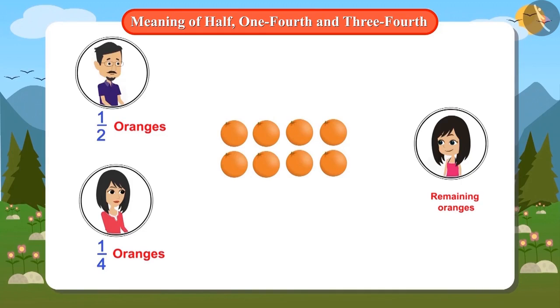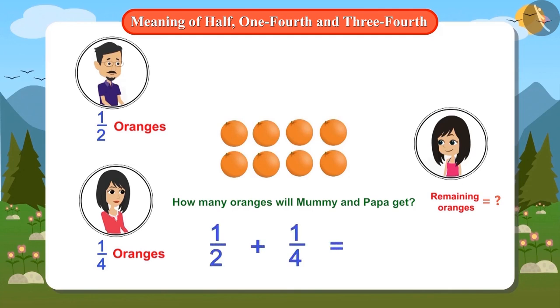Can you guess how many oranges will Neha get? To find out how many oranges will Neha get, we first have to find out how many oranges will Mummy and Papa get. That is, we have to add half and quarter of total oranges.